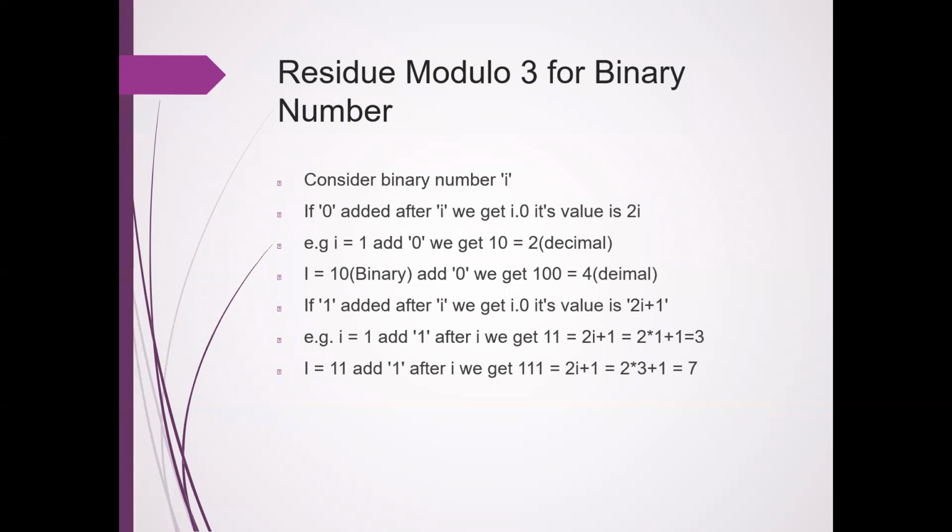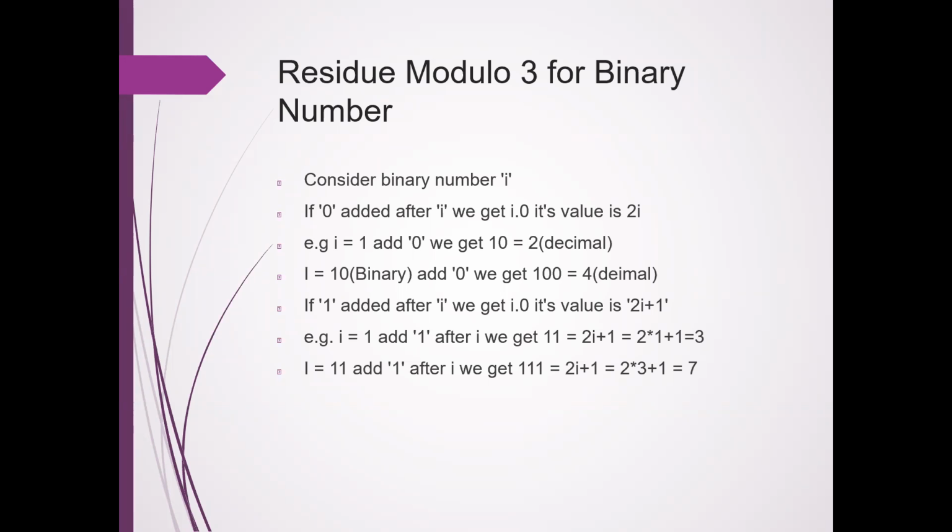Now with remainder 1, the next digit which you can concatenate is 1. The other possibility also we have to consider. So you get binary 11. What is the decimal equivalent of 11? It is 3.